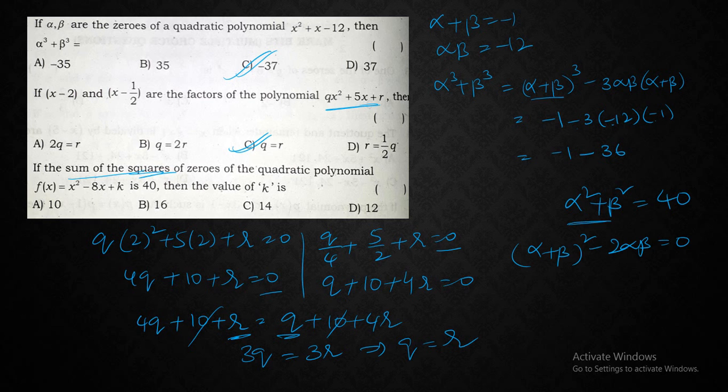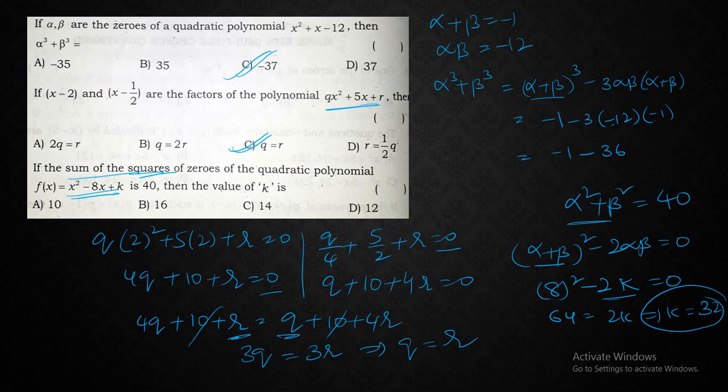From this quadratic polynomial, alpha plus beta is minus of minus 8 by 1, which is 8. So 8 whole square minus 2 times the product of zeros k, is equal to 0. Transposing 2k, 64 is equal to 2k. So k is equal to 32.